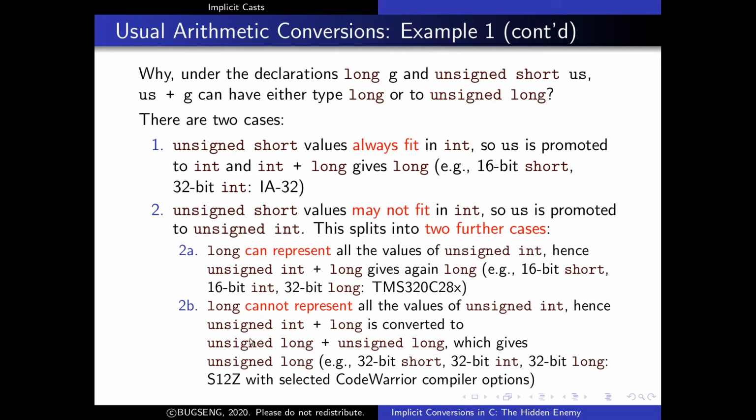So we have unsigned long plus unsigned long, which gives unsigned long. This is perfectly valid, and as an example of architecture, let's take the S12Z, and there are options in the Code Warrior compiler that allow you to have short, int, and long, all with 32 bits. Okay.